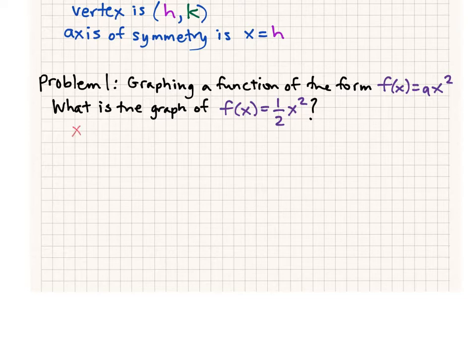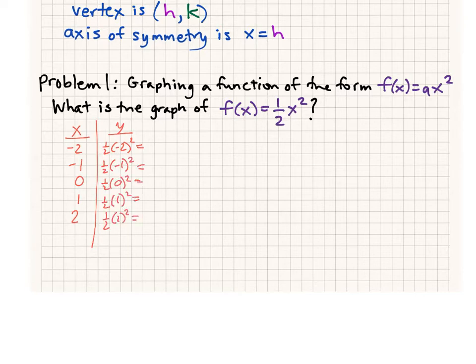So when I do the table, I do x, and then I go -2, -1, 0, 1, 2. And so we're going to plug that in. So my y is going to be 1/2 times -2 squared. This one's going to be 1/2 times -1 squared, and so on. Then when we do that math, we get these points. So then we can do our graph.